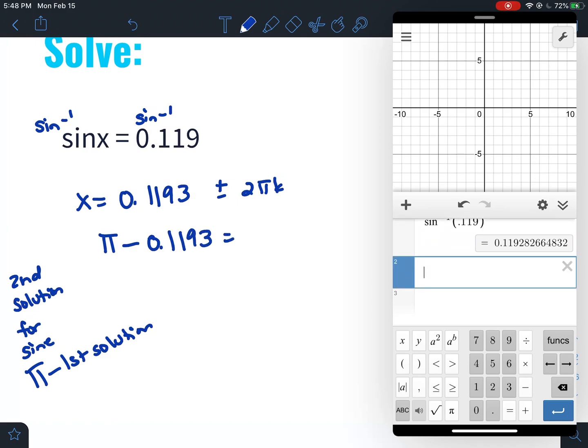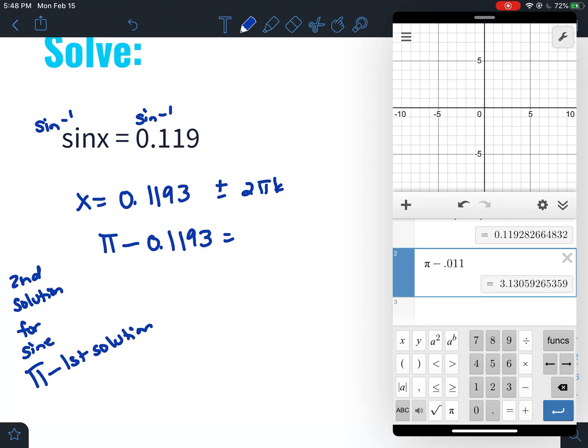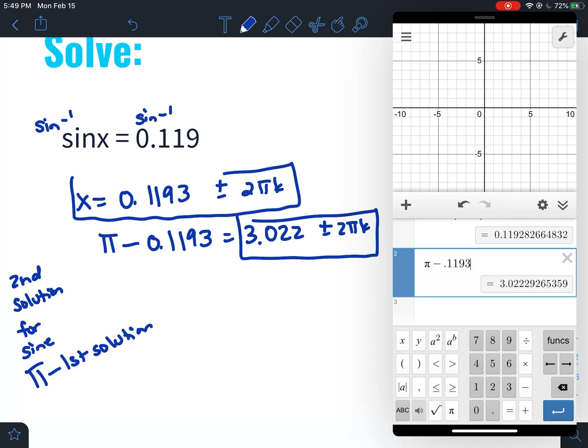And so our second solution is going to be pi minus 0.1193, which is 3.022, and then plus or minus 2 pi k. And so our two solutions for when sine x is 0.119 are 0.1193 plus or minus 2 pi k, and 3.022 plus or minus 2 pi k.